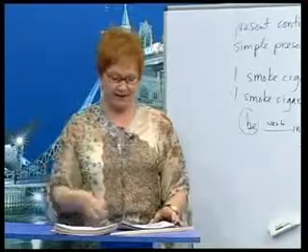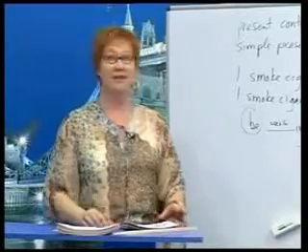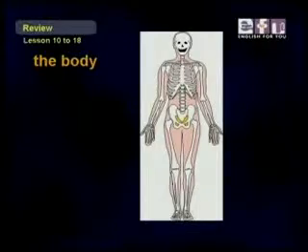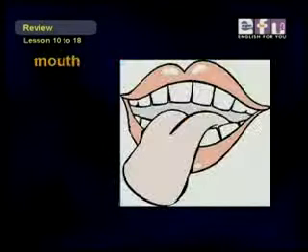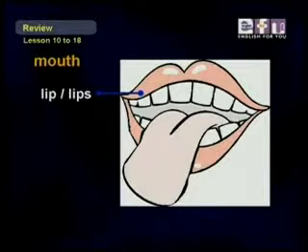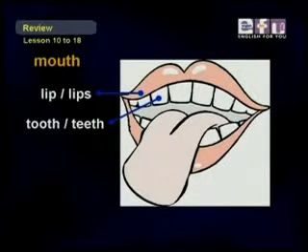Now, let's look at the parts of the body quickly. You look on your screen and listen as I tell you what these things are. So this is the body first, the face, the mouth, the lips, one lip, two lips, one tooth, many teeth, the tongue.